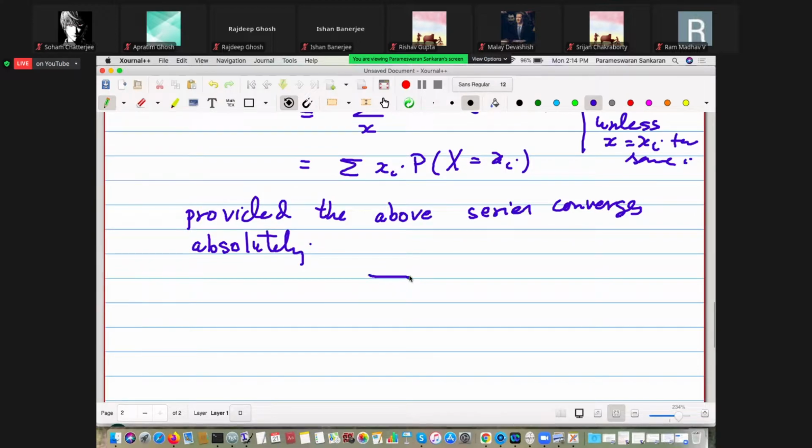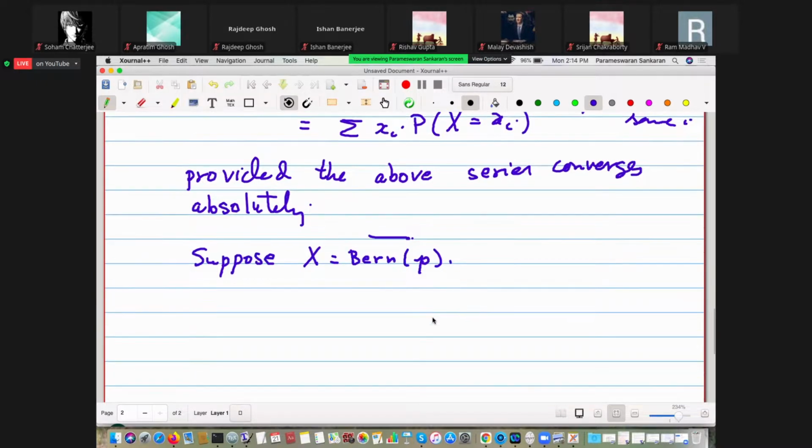So suppose that X has a Bernoulli distribution with parameter p. What does that mean? X takes thus f(1) is equal to p, and f(0) is q.